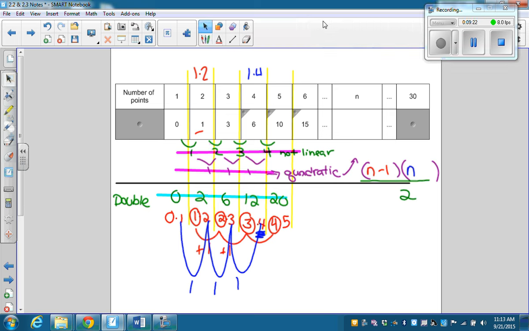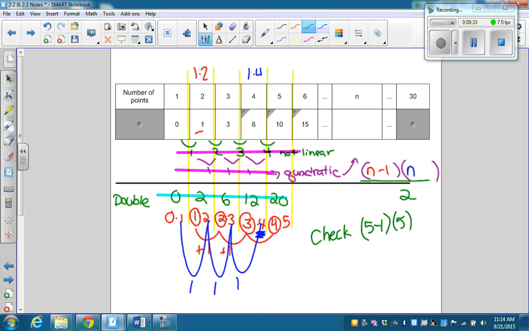And then check your answer with one of the numbers. Like 5. What's 5 minus 1 times 5 divided by 2? It's 20 divided by 2, which is 10. And that's the answer.